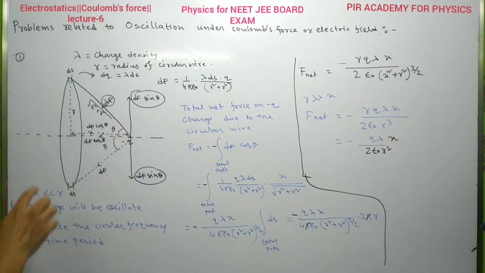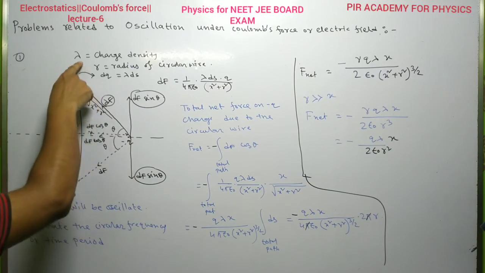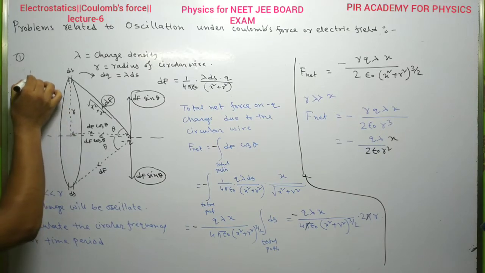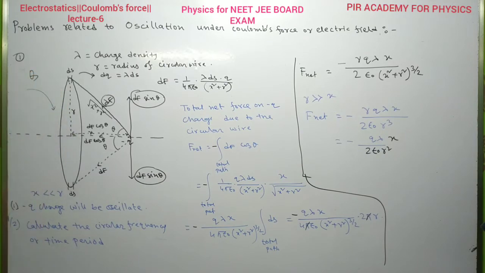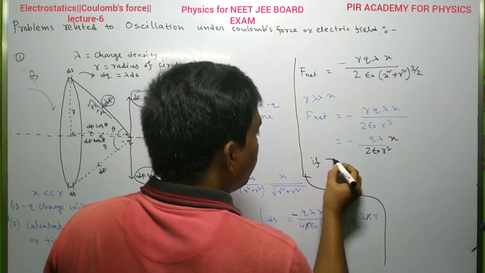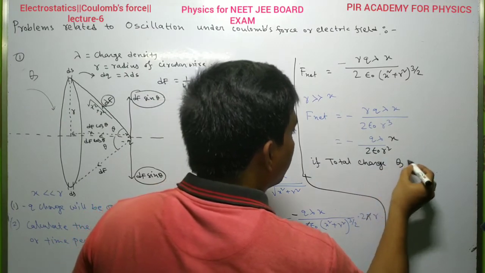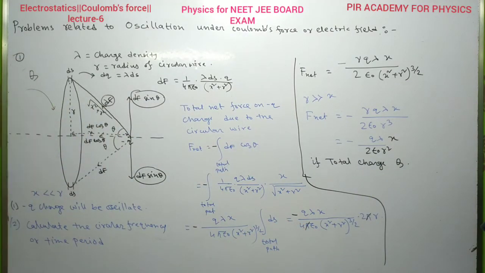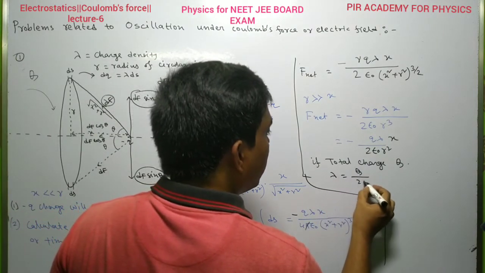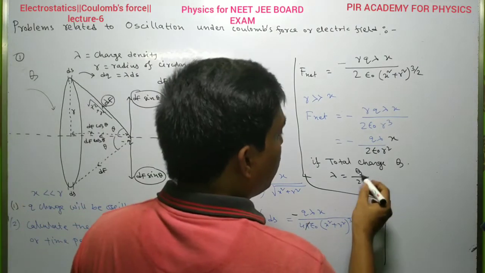Now what will be the total charge? If the total charge is q, then lambda equals q by 2 pi r.